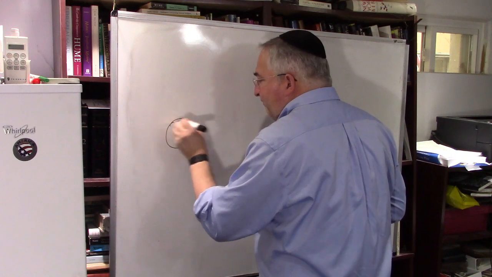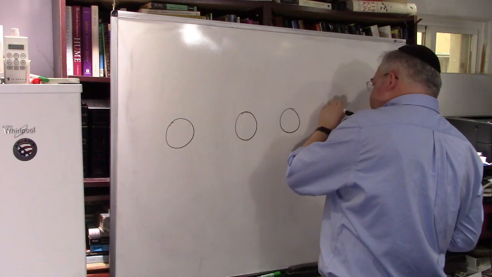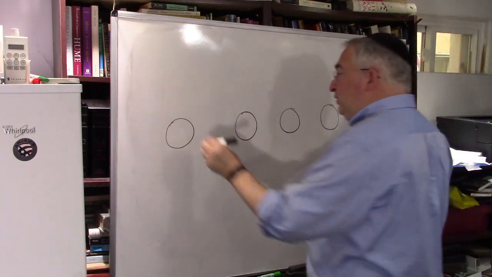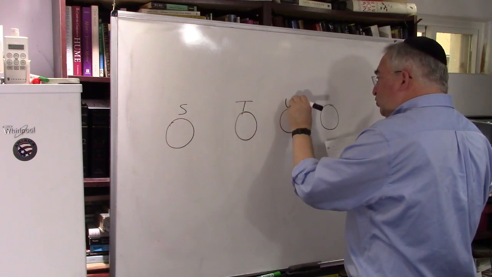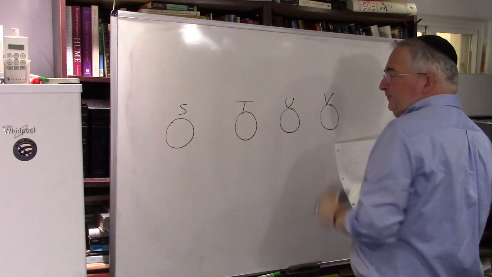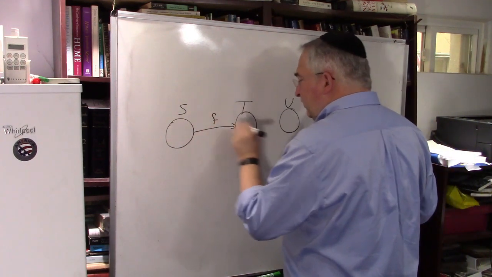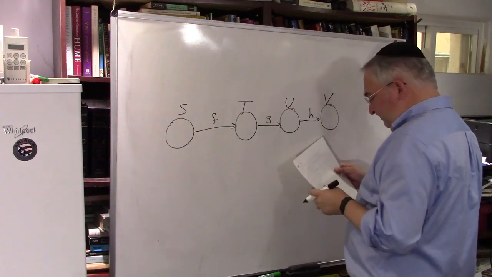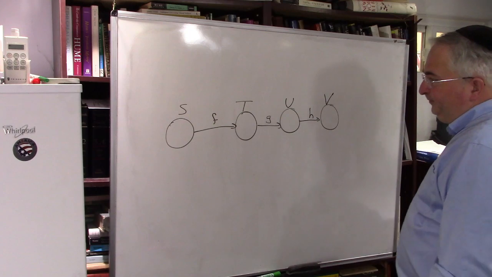Let's say I have 3 functions, which means I have 4 sets. So we can call these S, T, U, V. And now I have 3 functions: f, g, and h. Okay, let's see what this means.